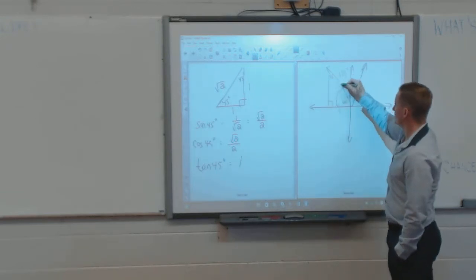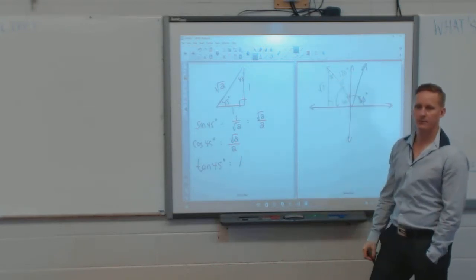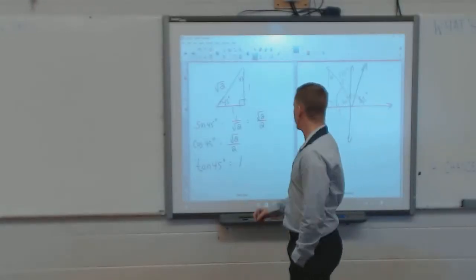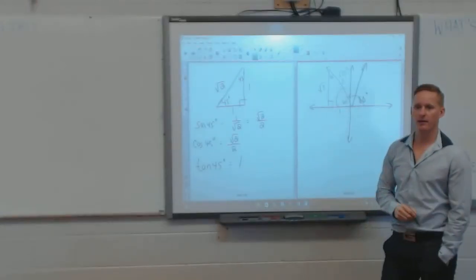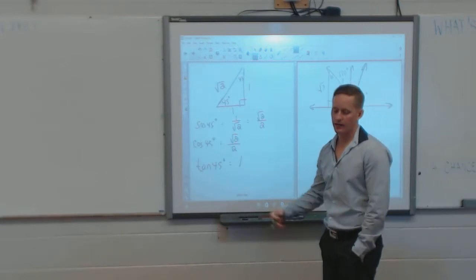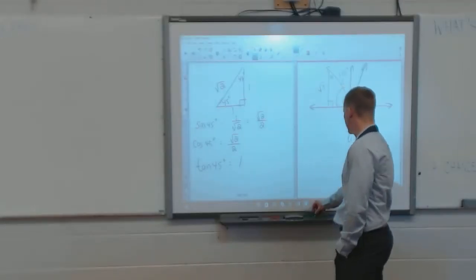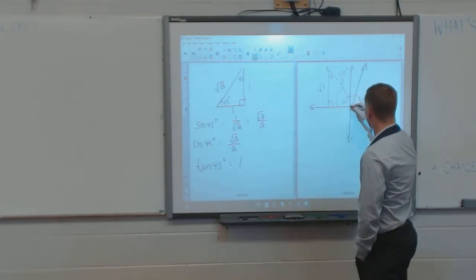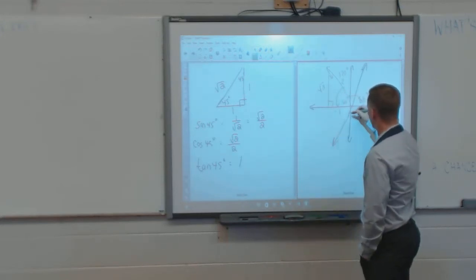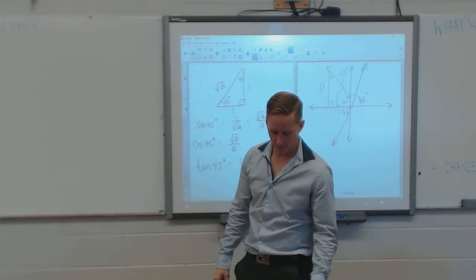Looks like this, 1, 2, root 3. I could label the whole thing. Except, that's going to be a negative right there, because it's the negative x-axis. So that's later. And then finally, 266, which quadrant is 266 in? Down there somewhere. In which this would be 86 degrees right here. Okay? Nothing more than that for that first part.